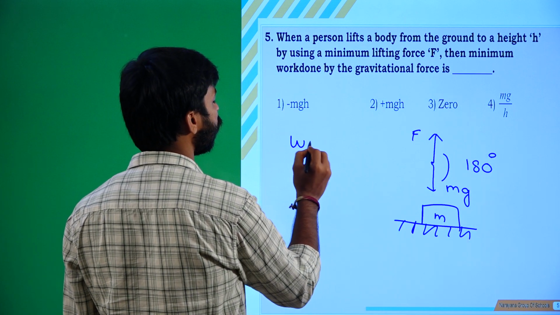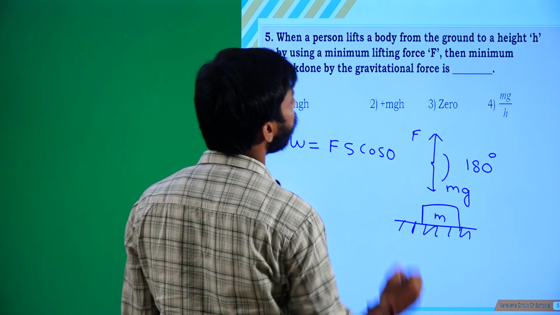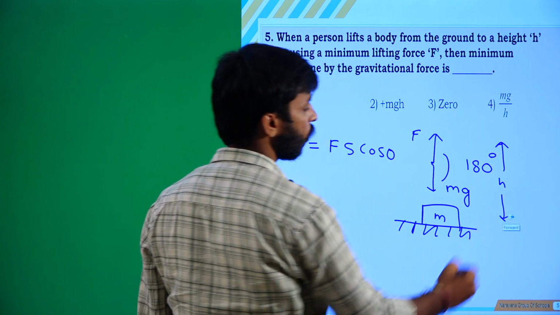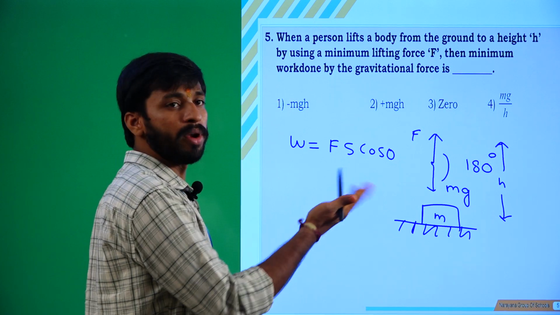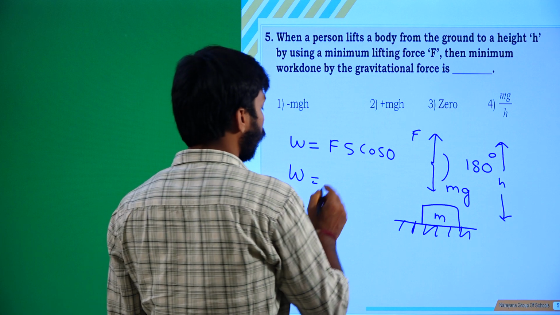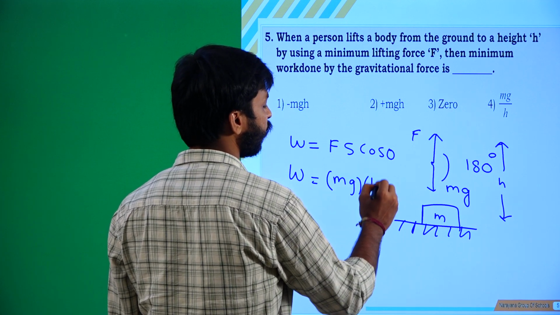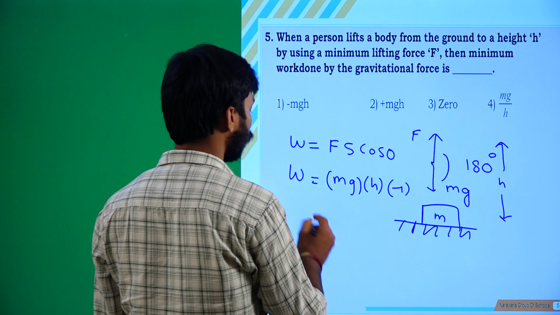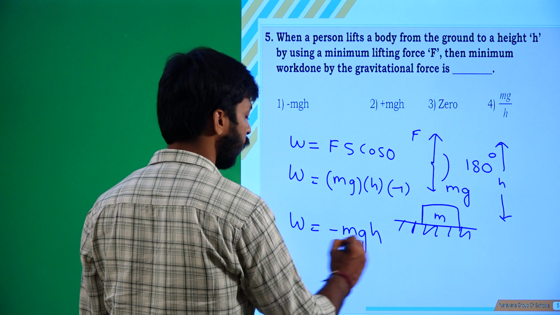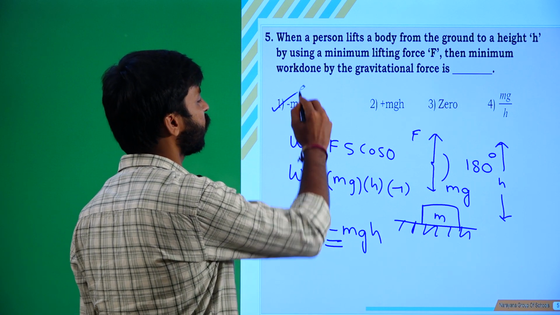So W is equal to F S cos theta, with height h from the ground. For minimum force, F is equal to mg, so W is mg into h cos 180, which is minus 1. So W is equal to minus mgh. So the first option is the correct option.